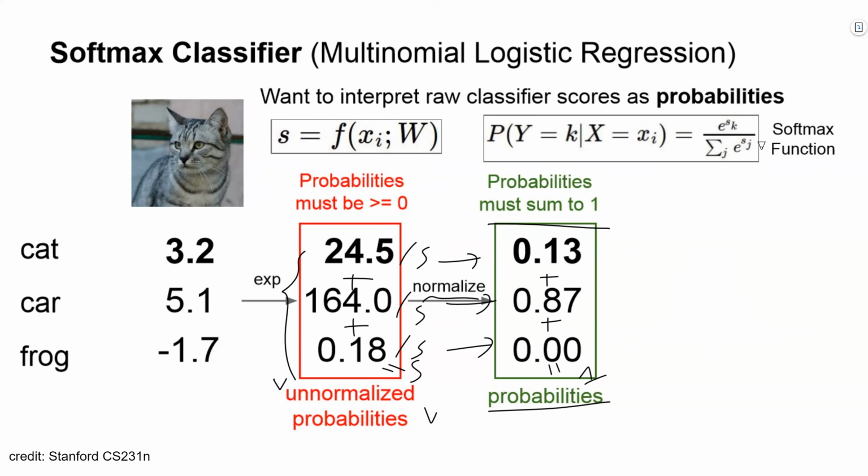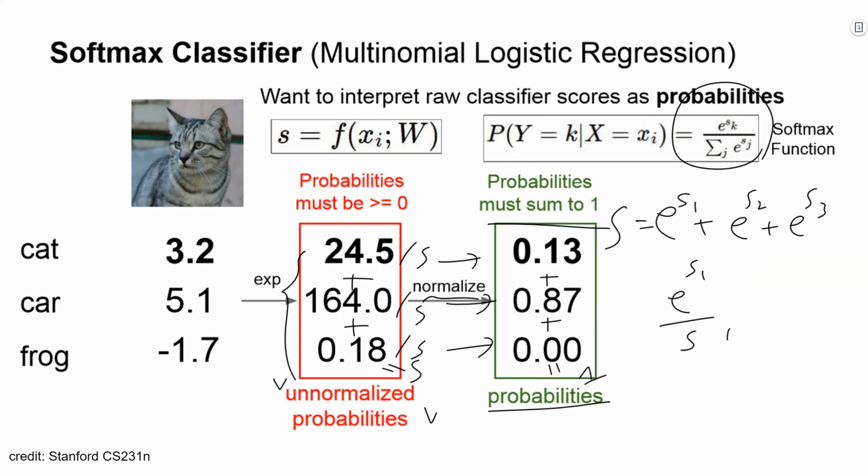So now we can understand this part. What we are doing is exponentiating each score and getting the total sum like this. And this is the total sum. And we divide each exponentiated number by this total sum.